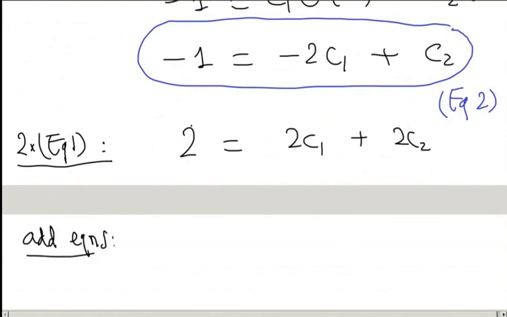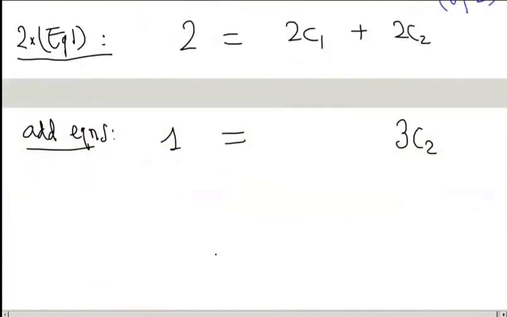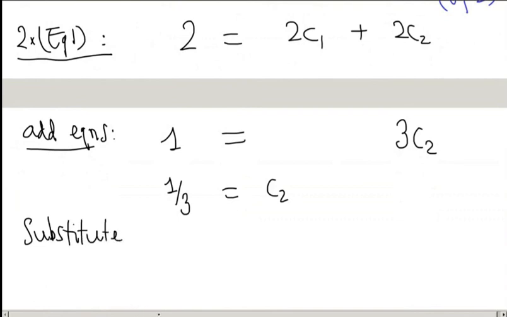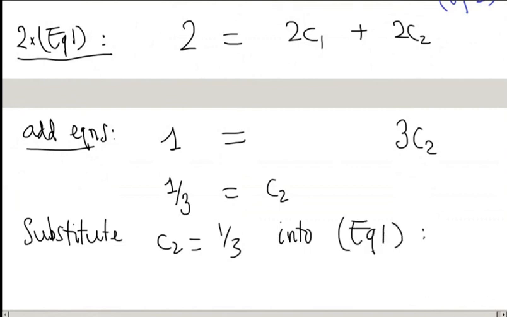Then I have -1 plus 2 is 1. Negative 2C1 plus 2C1 is 0, and that's what I want because I want to eliminate C1, and then I have 3C2 here. Now I can solve that C2 is 1/3. Now to find C1, I just substitute C2 equal to 1/3 into either equation, say equation 1.